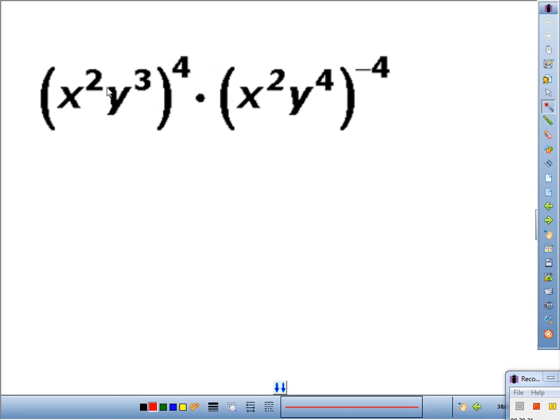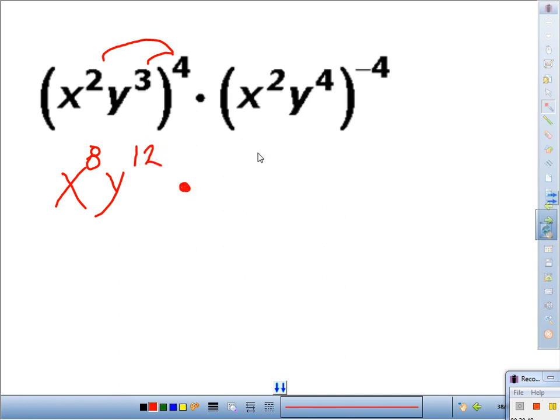What do we do here? So this is x to the 8th and y to the 12. Very good. Times, and continue distributing the exponent, so this is x to the negative 8 and y to the negative 16.